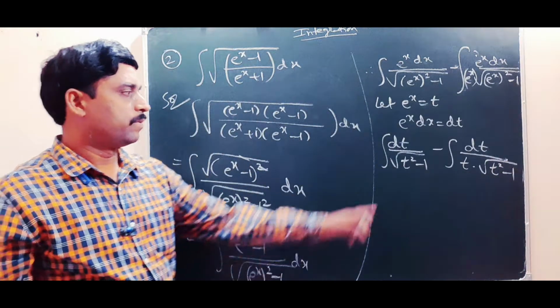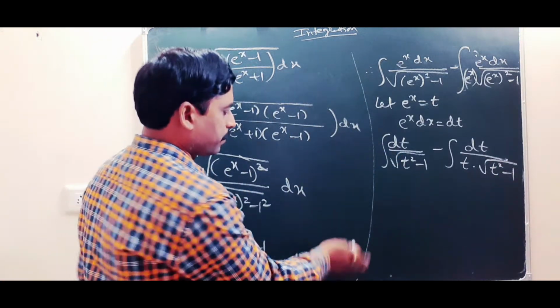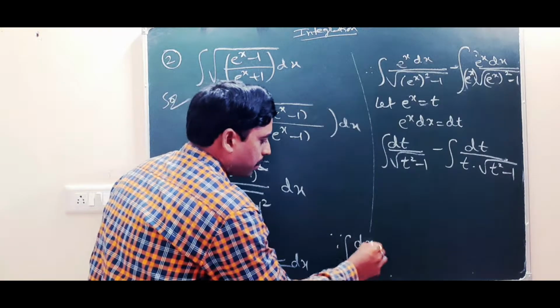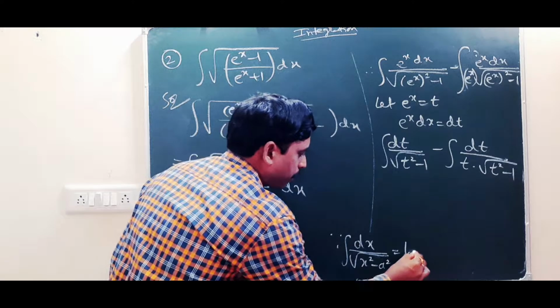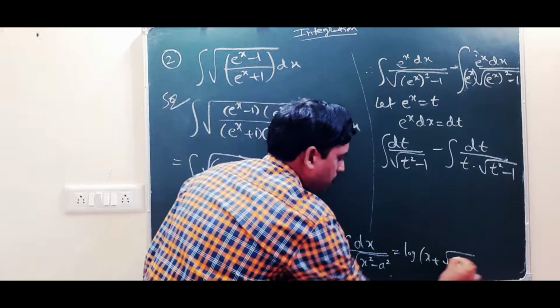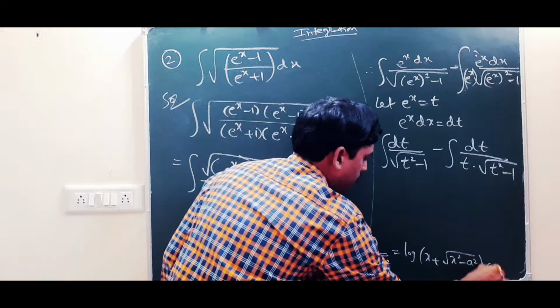We have one formula: integral dx by root under x square minus a square equals log of x plus root under x square minus a square plus c.